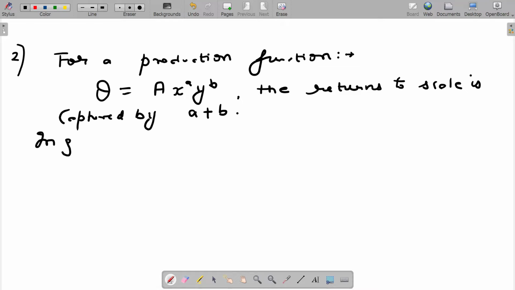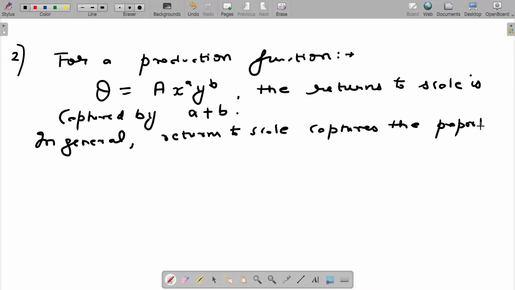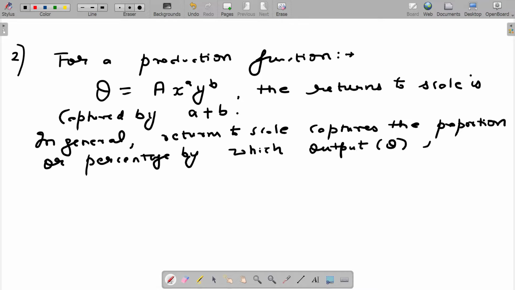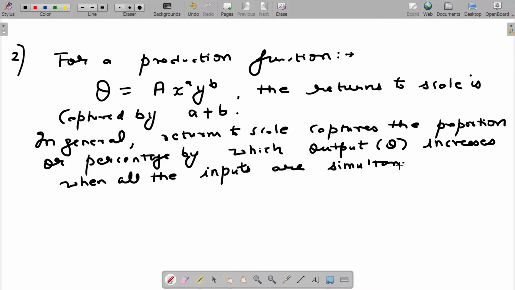And I can write in general, returns to scale captures the proportion or the percentage by which output, which is Q, increases when all the inputs are simultaneously increased by a given proportion.